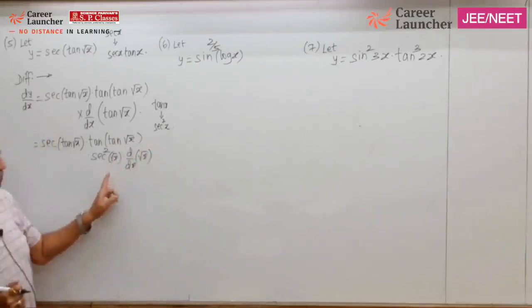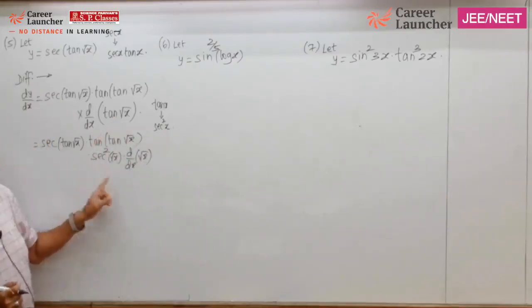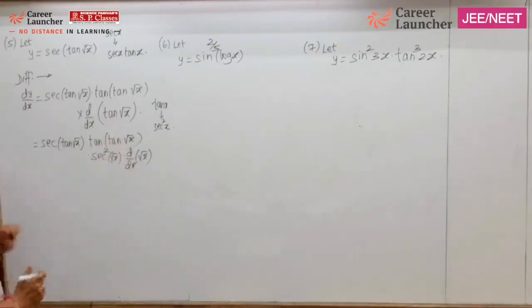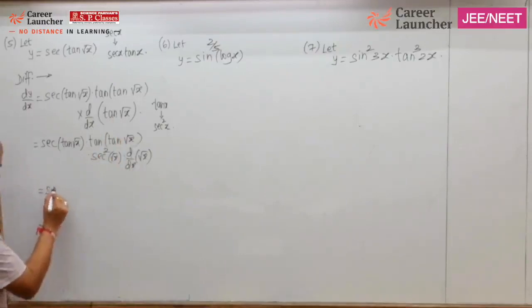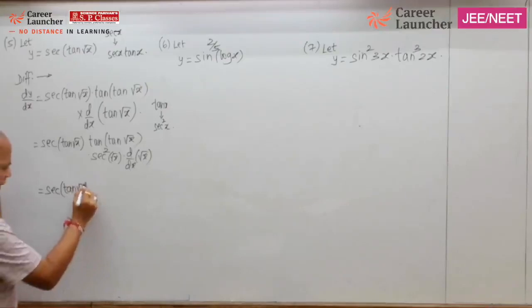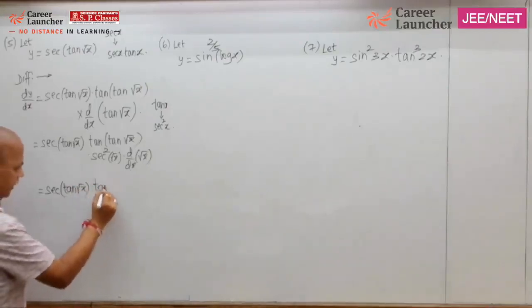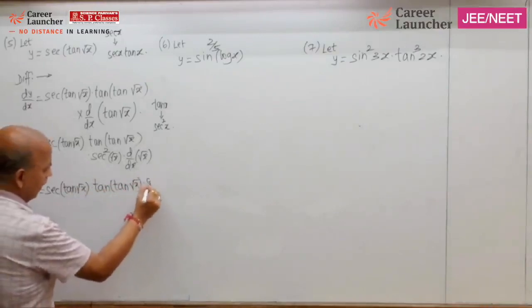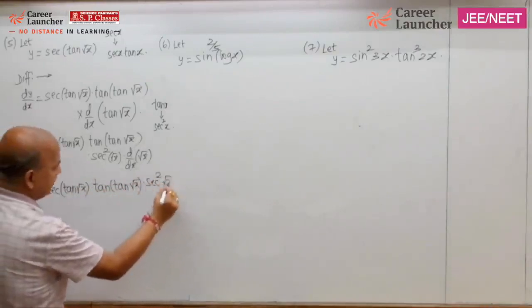Use the standard formula as it is, replacing x by the composite part, and further multiply by the derivative of the composite part. Let's proceed further. Sec of tan of root x into tan of root x into sec square of root x, correct?